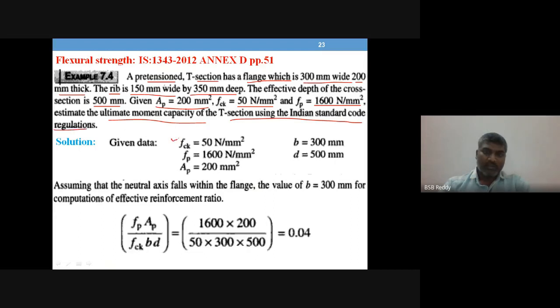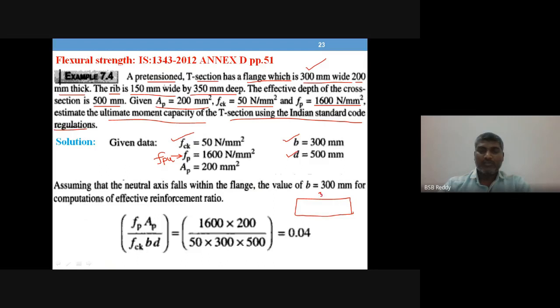So all the given data is presented here. FCK 50, FP or the code notation is FPU, both are same. B is 300, D is 500. It is given in the problem itself. Width of the flange 300, 200 thick, and web is 150 wide, 350 deep.